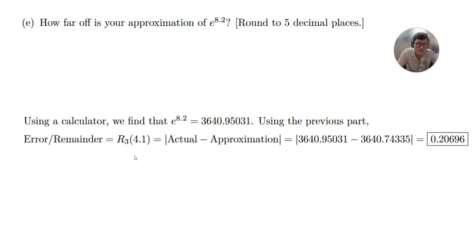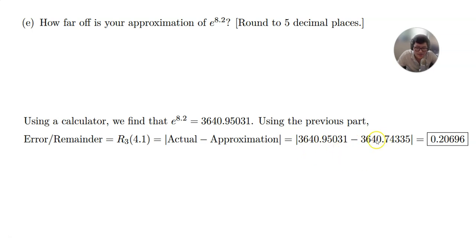Part E says, how far off is your approximation of e to the 8.2? Round to 5 decimal places. So if you throw e to the 8.2 in your calculator, you end up getting this number rounded to 5 decimal places. And so the error or remainder, which notationally we could write r sub 3 of 4.1, is the actual value, which is this value here, minus the approximation, which we found in the previous part of the question.